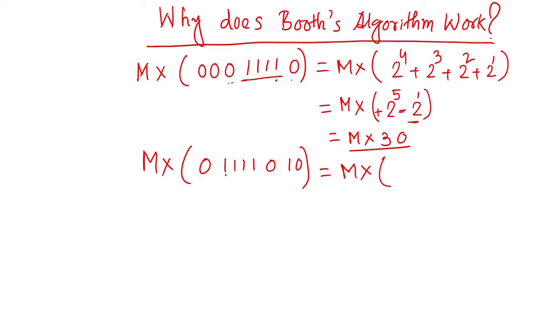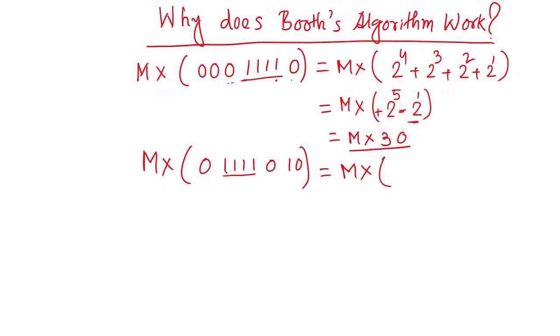Whenever we see a block of 1s, we can write it like that. Here we can write 2 to the power 7 minus 2 to the power 3 for this block of 1s.